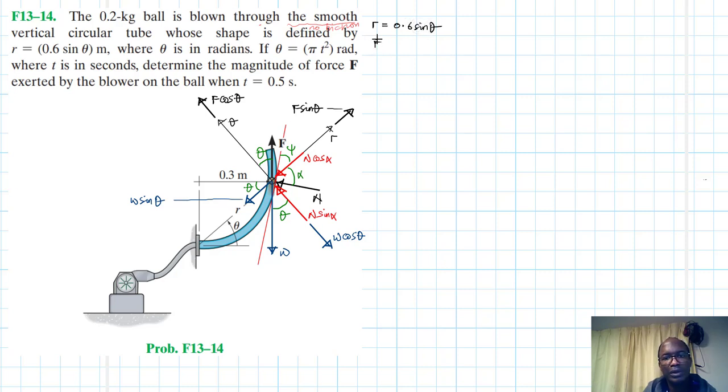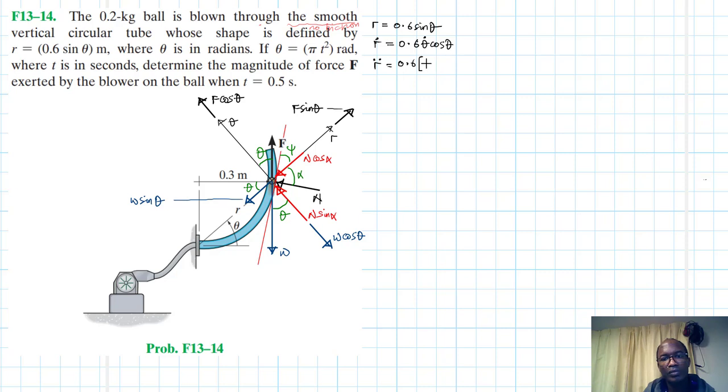Therefore, r dot, which is dr/dt, the derivative of r with respect to time, is just going to be equal to 0.6 theta dot cos theta. And then for r double dot, we are going to use the product rule.